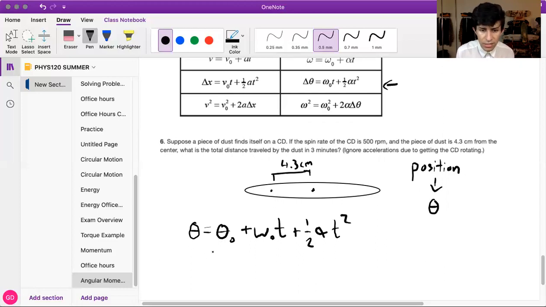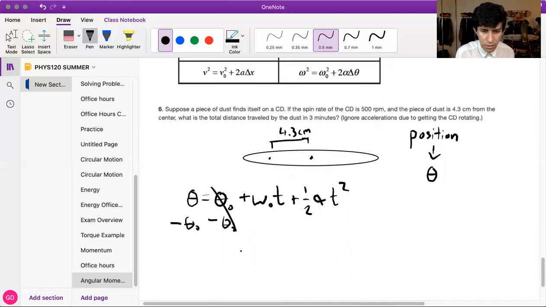What they did is they subtracted theta naught from both sides. And we know that when you have a little triangle in front, which is called delta theta, it's theta final minus theta initial.